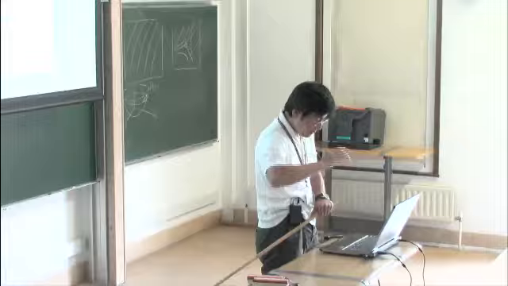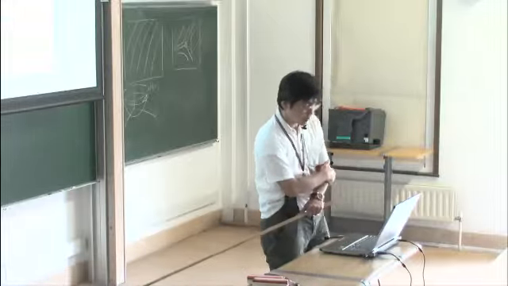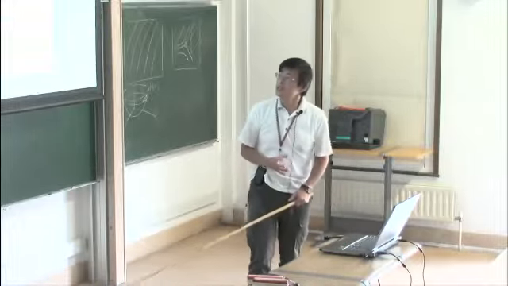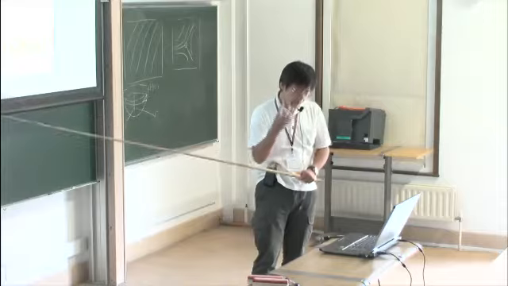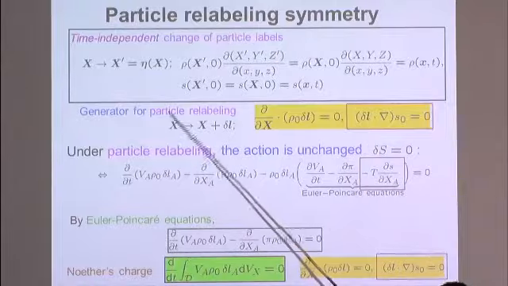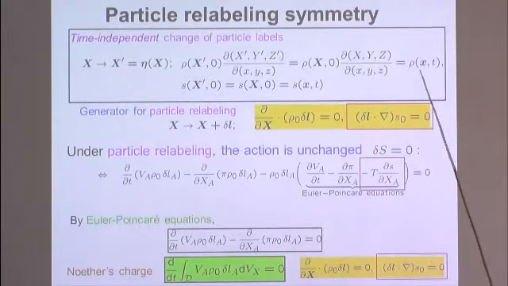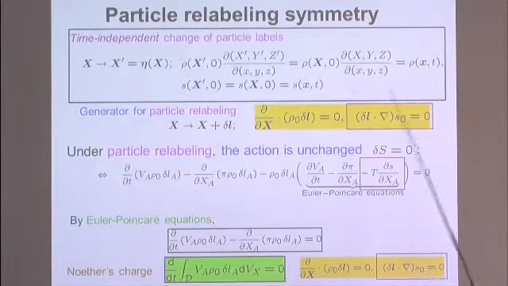Now, let's use this identity. Given the current position, current density, mass and entropies, let's change the particle labels. So this is the condition. The current state should not change, but the labels change.